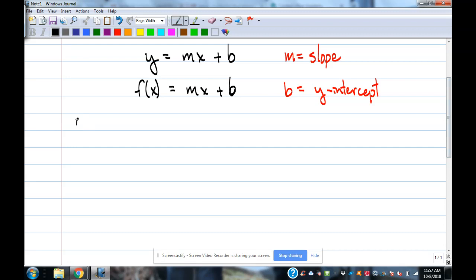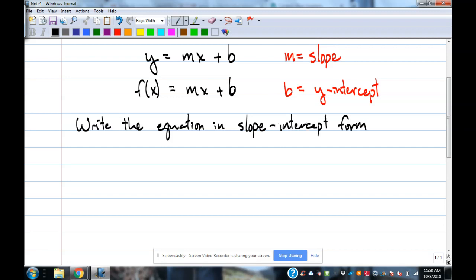So write the equation in slope-intercept form. Example A tells us that the slope is equal to negative 2/3 and the y-intercept is 6.